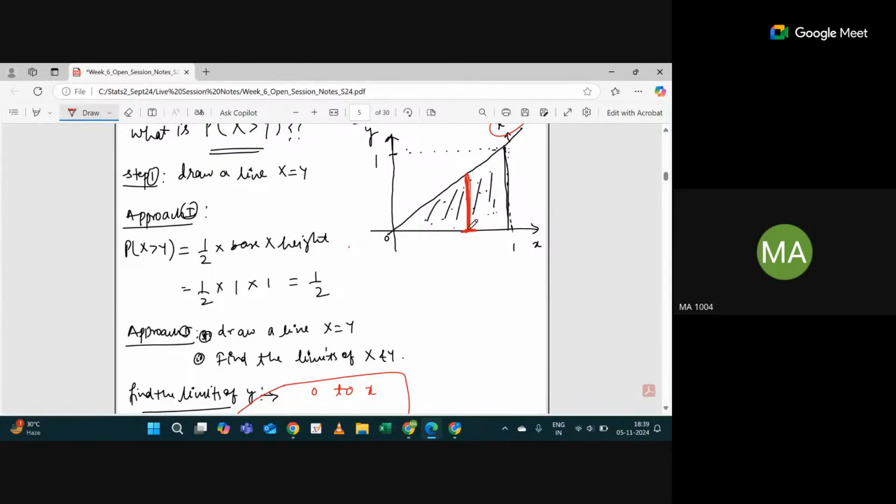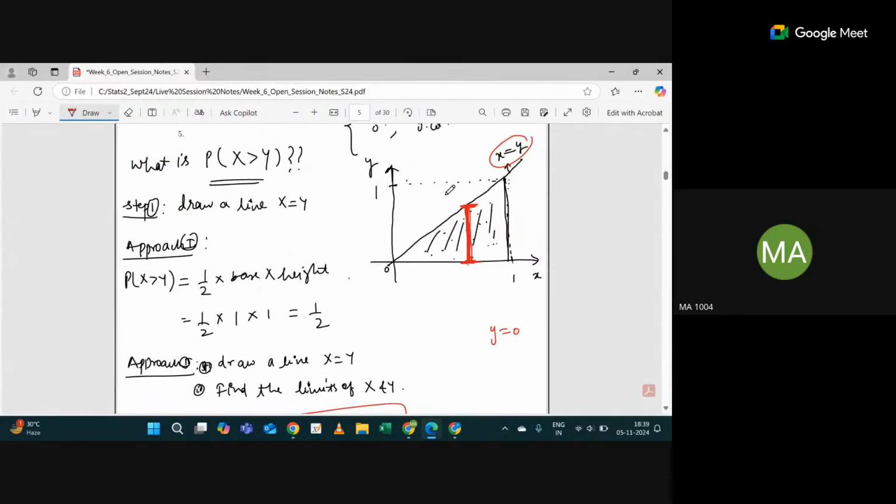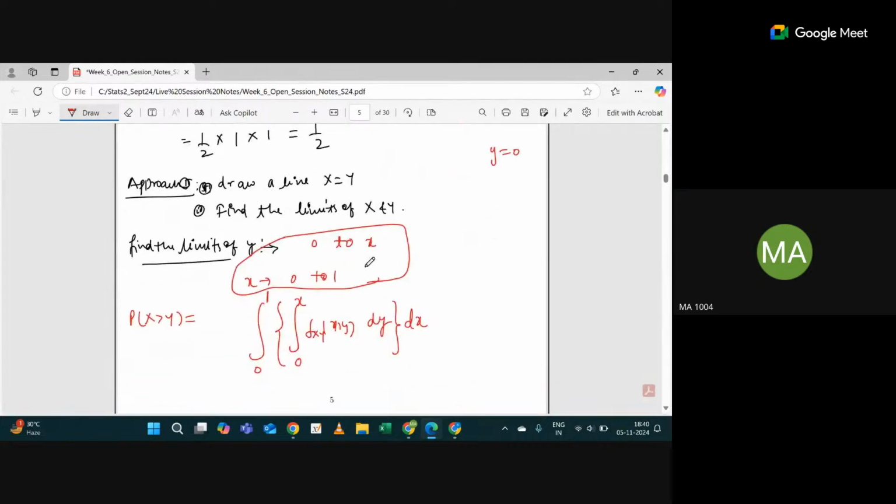What is the limit of y at the x-axis? If I'm saying y equal to 0, that means I am talking about the x-axis, right? And from where to where is this going? This black line is the line x equal to y, right? So what is the value of y here? x, right?